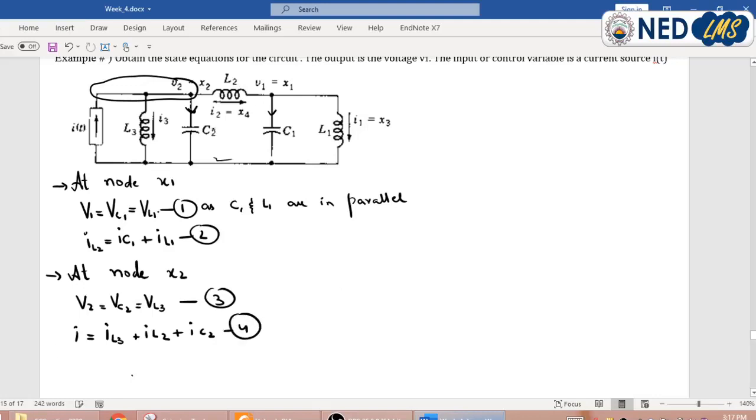But similarly, we can write a loop equation. I write the loop equation here. In this loop, this capacitor voltage V2 or VC2 or VL3 is here.